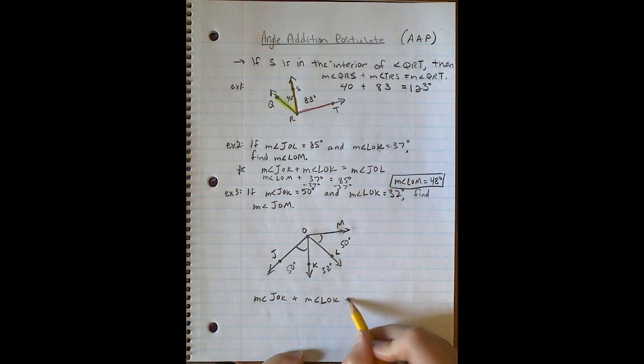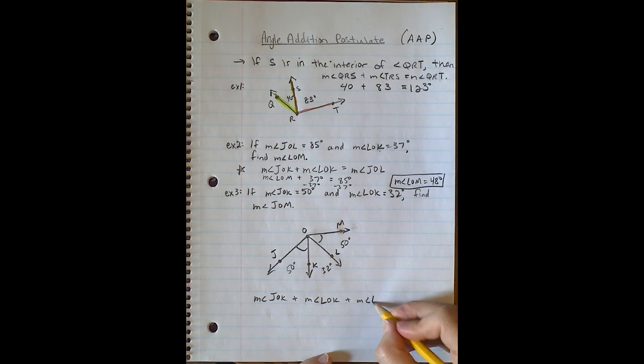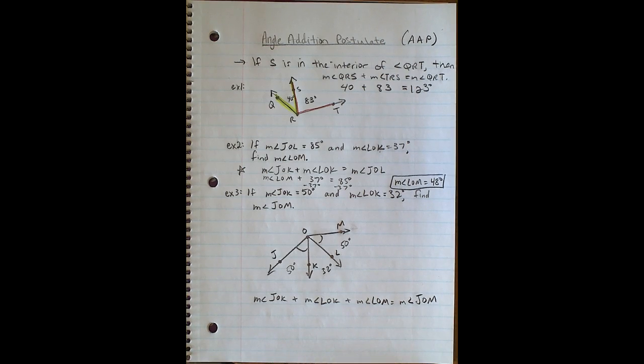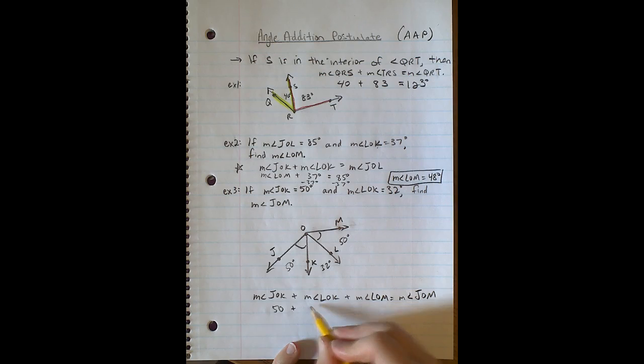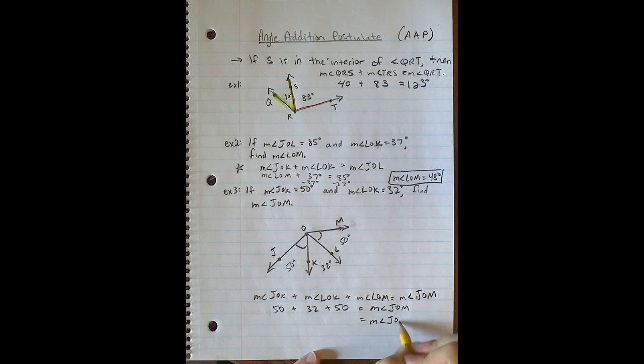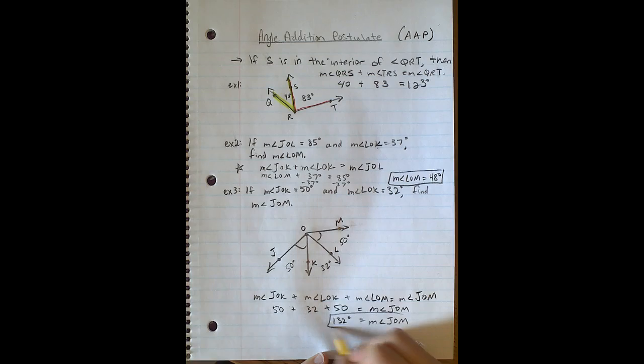So LOK plus the measure of LOM, it's going to give me the whole thing, JOM. Now we plug and chug. So 50 plus 32 plus another 50 is going to give me my final answer. So the measure of angle JOM is 132 degrees. Make sure you put a label on there.